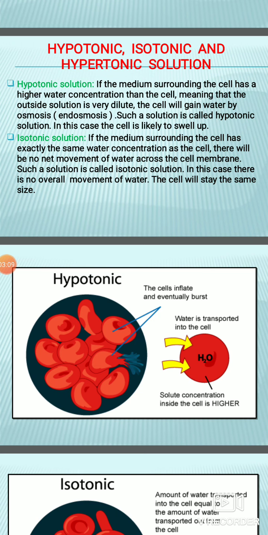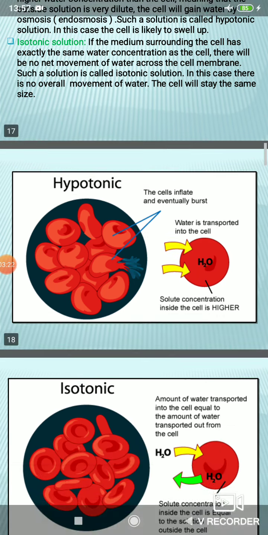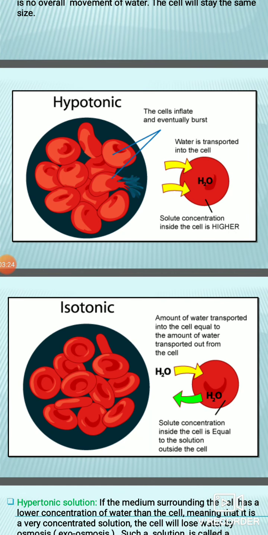Next is isotonic solution. Isotonic solution means the surrounding medium and the inside medium have equal concentration. Iso means equal, tonic means concentration. In the second PPT you can see that I have taken RBC and put it in isotonic solution.